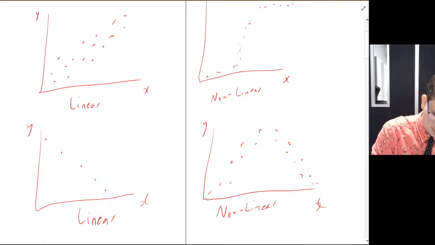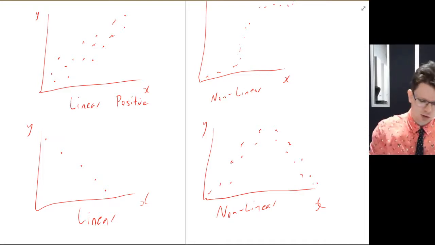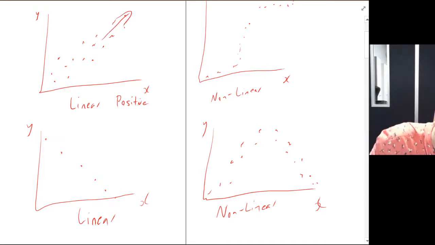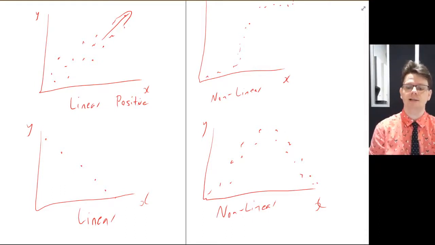The linear on the top, that one is positive. And some of you might be asking, well, why do we know that's positive? Well, it's positive because the slope is going up to the top right, like so. That's how we know it's positive, because it's pointing up to the right.